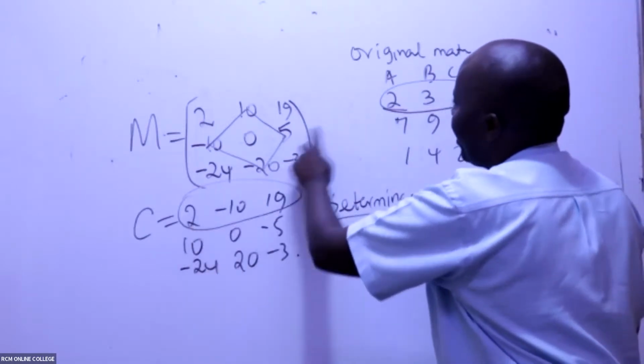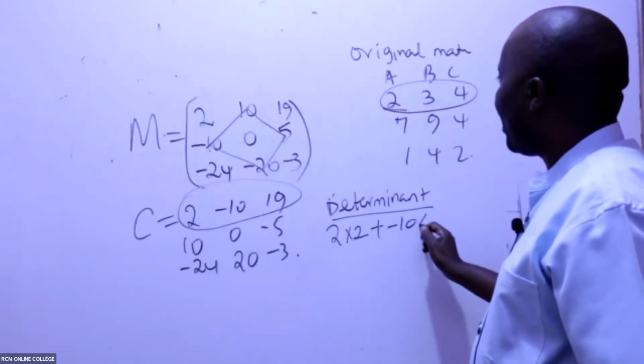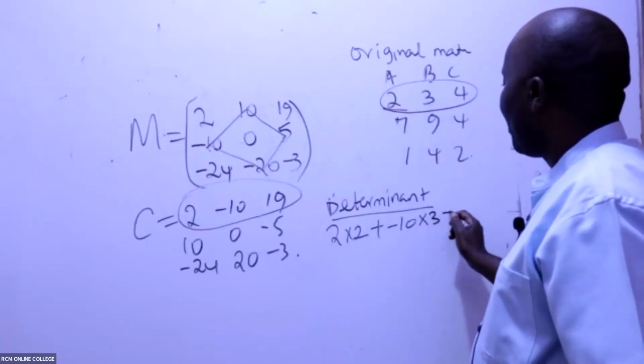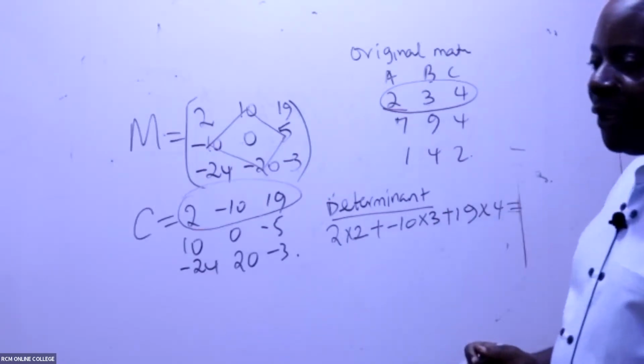So it will be 2 times 2, plus minus 10 times 3, plus, in this case, 19 times 4. So are you able to give me this answer?